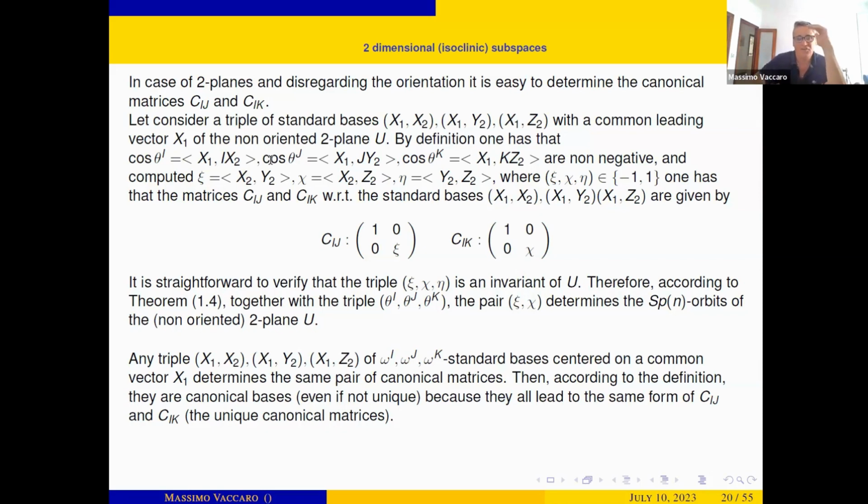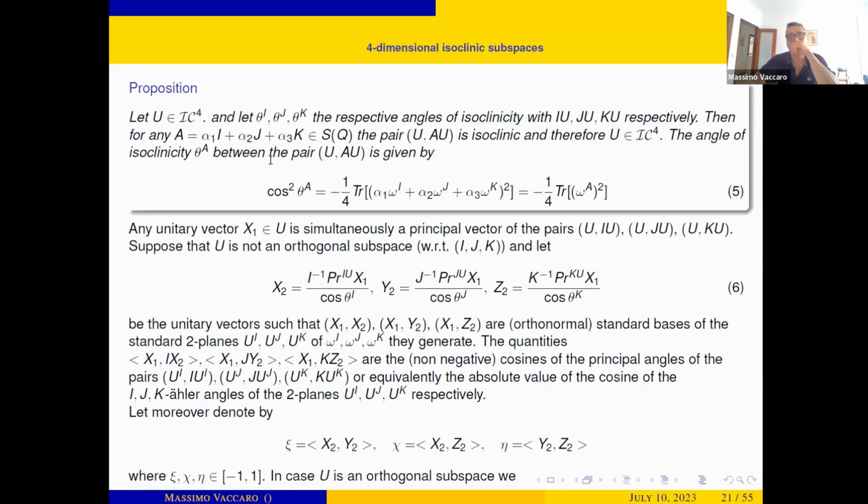Okay, finished for two-dimensional. Four-dimensional is new, because not all four-dimensional subspaces are isoclinic. But if U is isoclinic, then this is the angle. The first line gives you just the angle of isoclinicity for any A. This is the trace of omega A, where omega A is the sum with the coefficients here, A equal alpha 1 i, alpha 2 j, alpha 3 k, and omega A is just the sum with the same coefficients of the three forms.